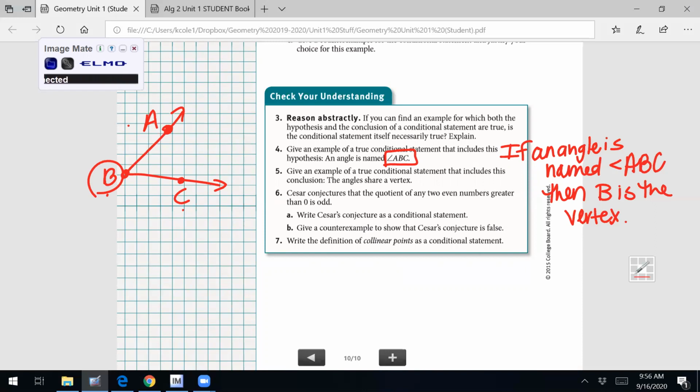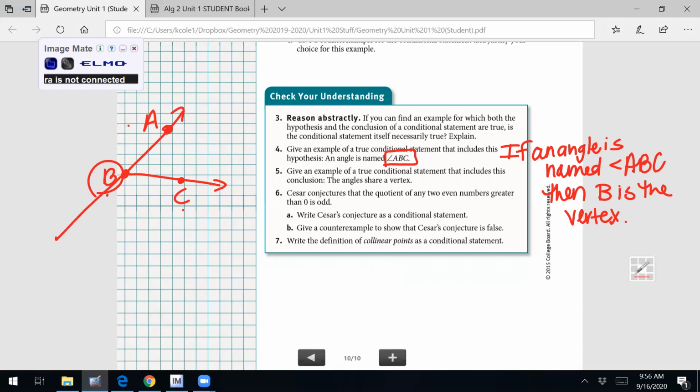Number 5 says, give an example of a true conditional statement that includes this conclusion. So here's our conclusion. The angles share a vertex. That would be your then statement. Okay, yeah. We could just go off this way is what you're thinking?